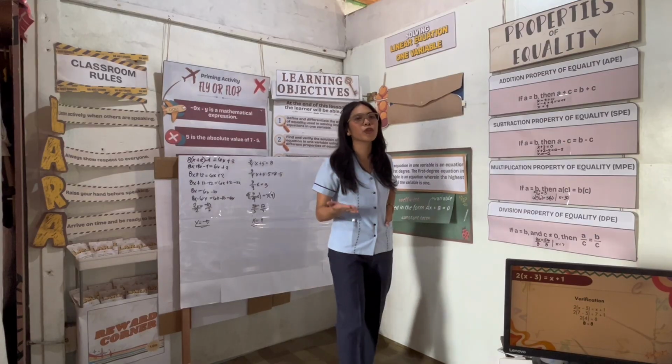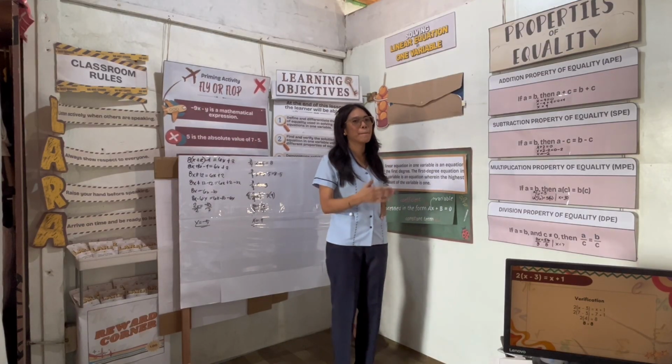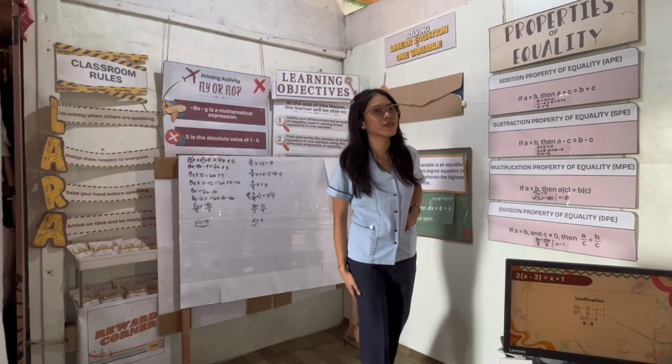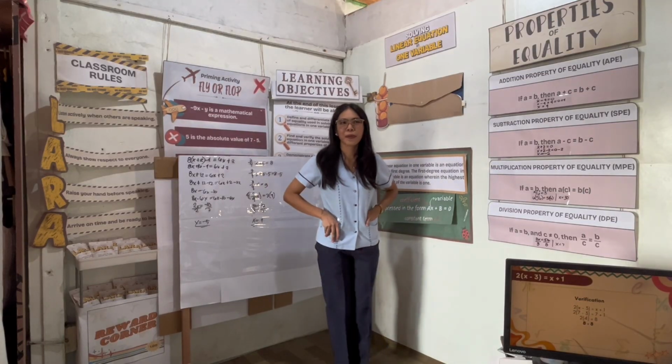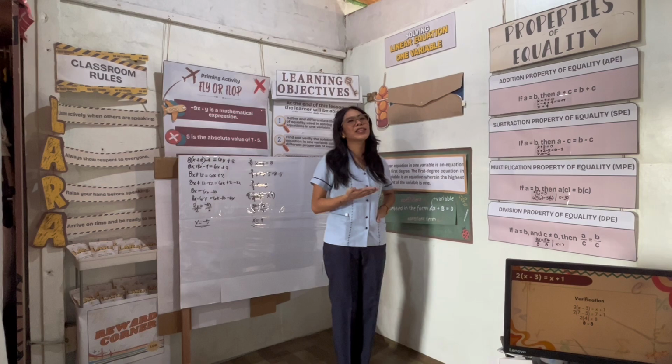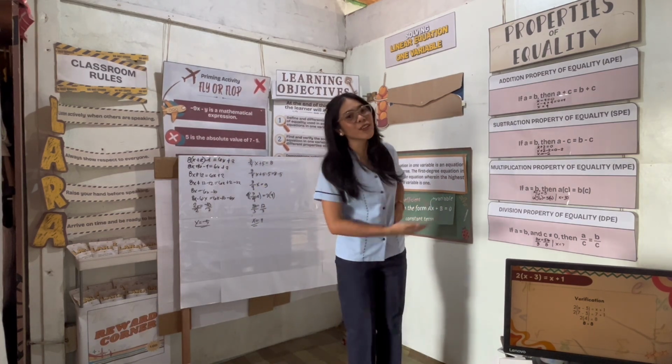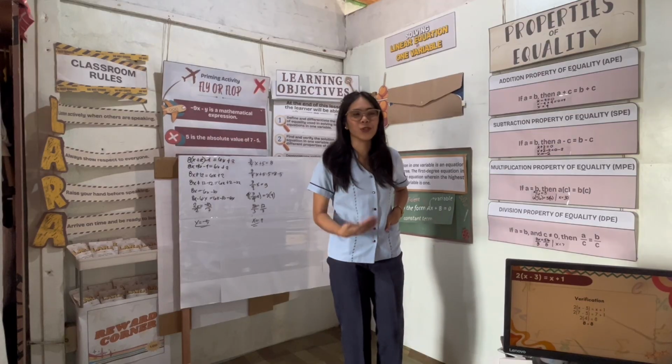Very good. We are performing an operation to maintain balance. Now, what do you think would happen if we apply the wrong property of equality in solving the equation? Yes, very good. We will have an incorrect answer, and it will break the logical function of the solution.